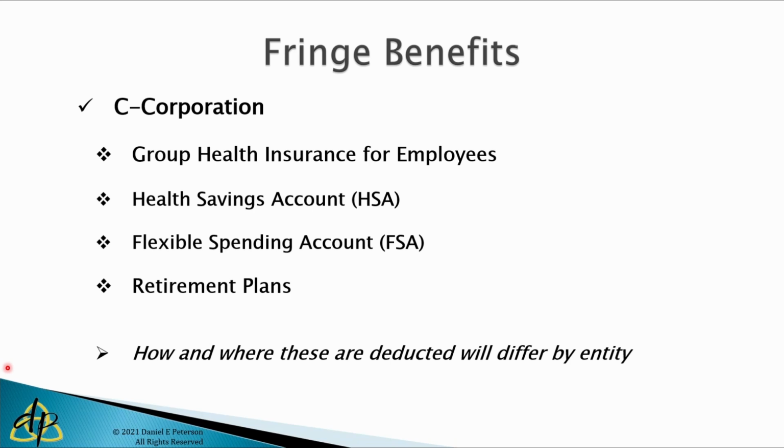The issue, and we'll go into this when we get into the taxation of these entities, is going to be where these items are deducted, because it will differ by entity as to where the group health insurance for the owner is deducted versus the group health insurance for the employees. The health savings account contribution for the owner as opposed to the health savings account deduction for the employees and subsequent contribution to the health savings account.